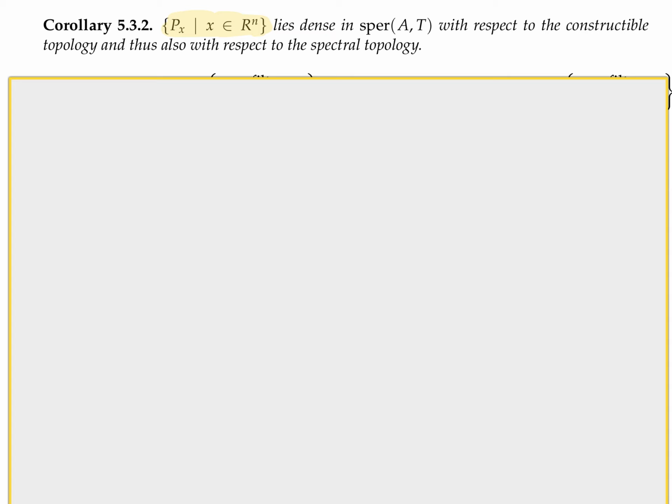its closure. Its closure is, by the previous theorem, the fattening of R^n, right?